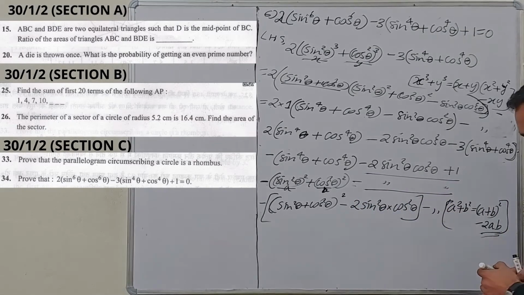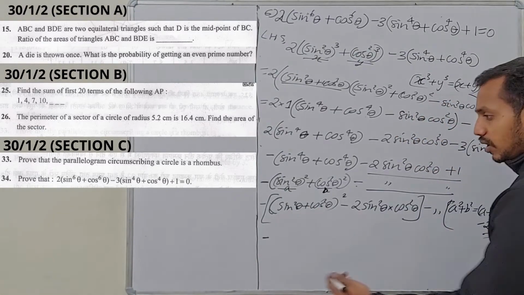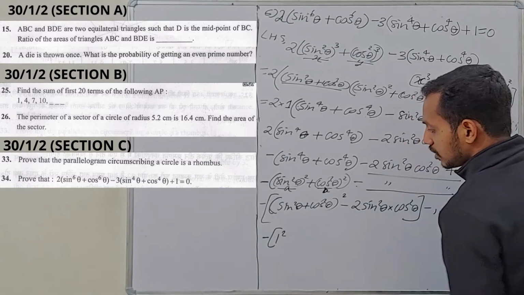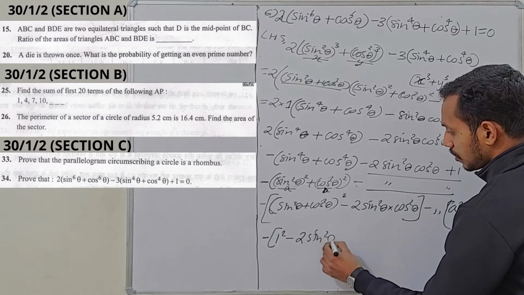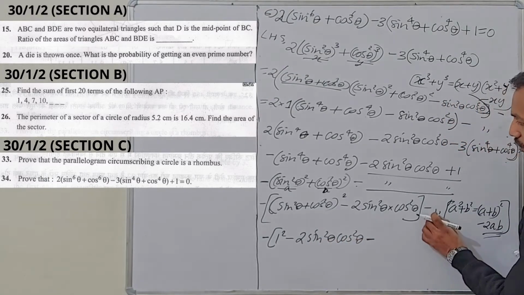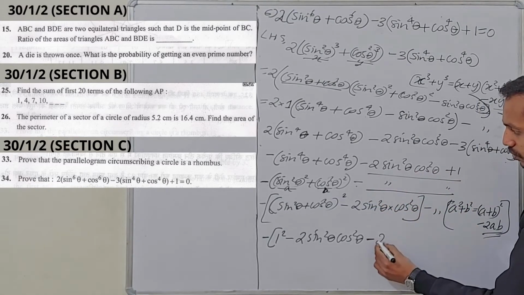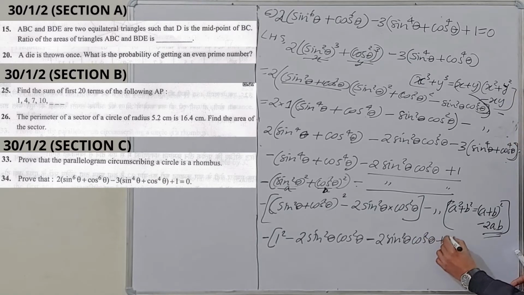Okay, then what do we have, minus of, what is sine square theta plus cos square theta? 1. So minus 1 square minus 2 sine square theta cos square theta minus, now write all these terms, 2 sine square theta cos square theta plus 1.